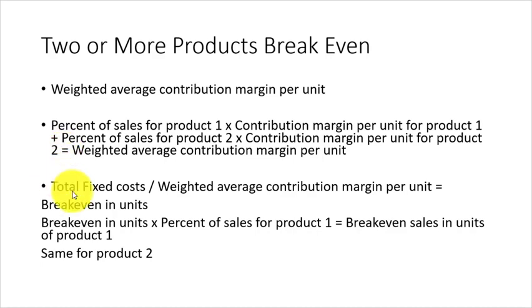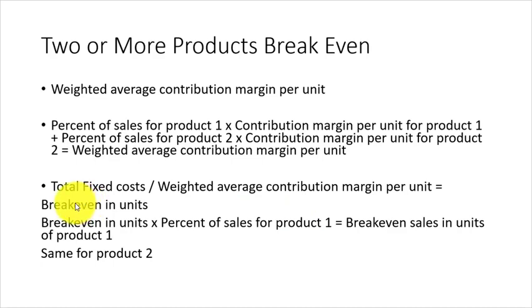Then you go back to your regular formula. You take total fixed costs divided by weighted average contribution margin per unit. That tells us our break-even point in units. Back to our original formula. Then if we want to know how much for product 1, we simply multiply by the 40%.